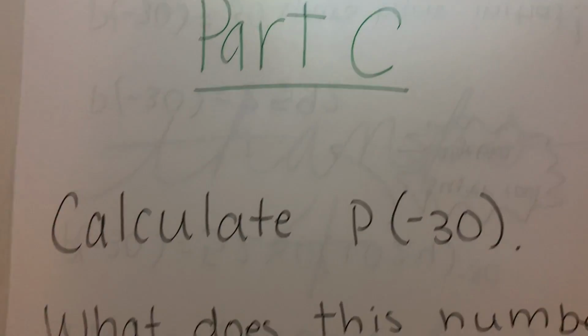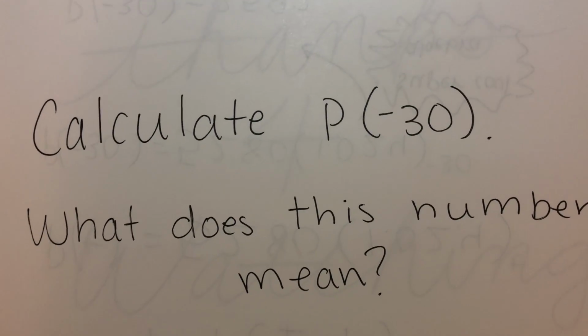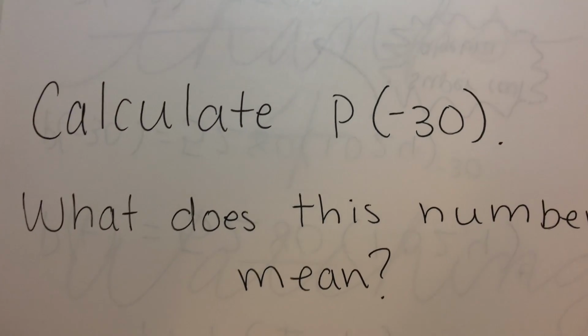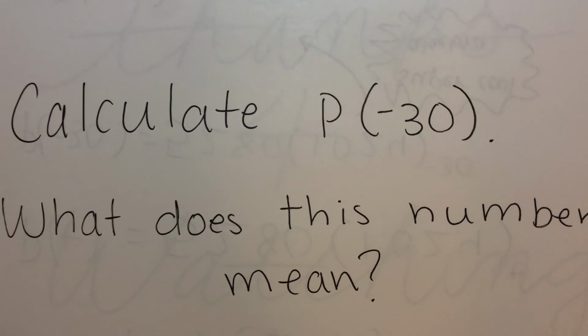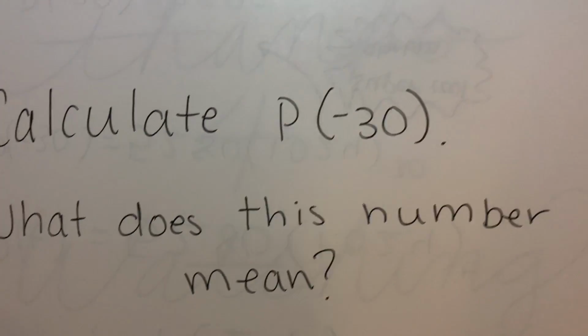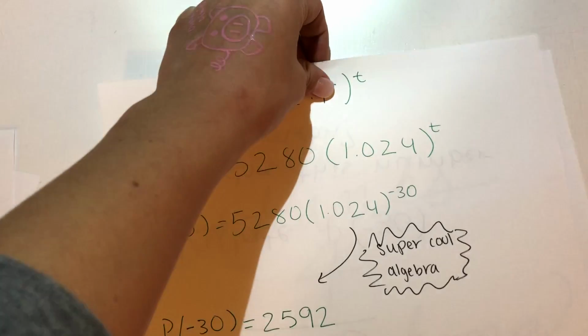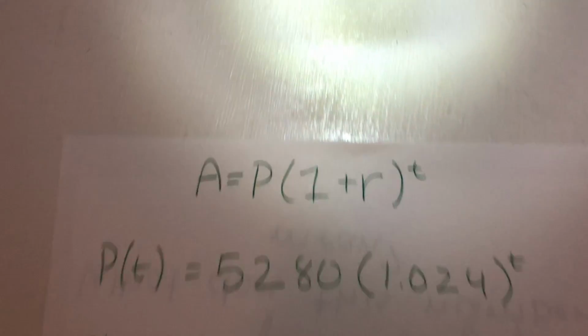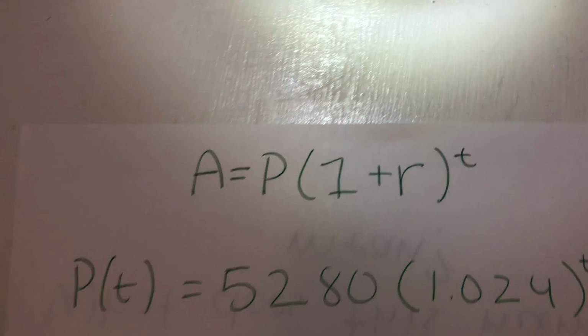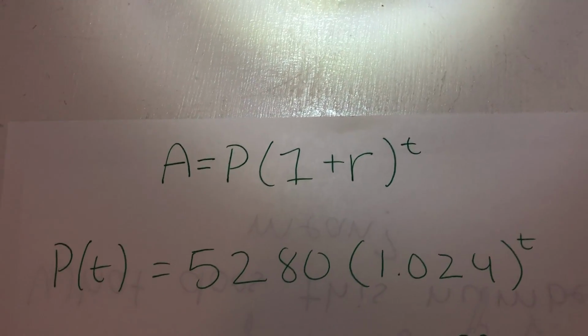Part C. Calculate P of negative 30. What does this number mean? We're going to find that out. Once again, reviewing the formula, we're going to plug in what we know.